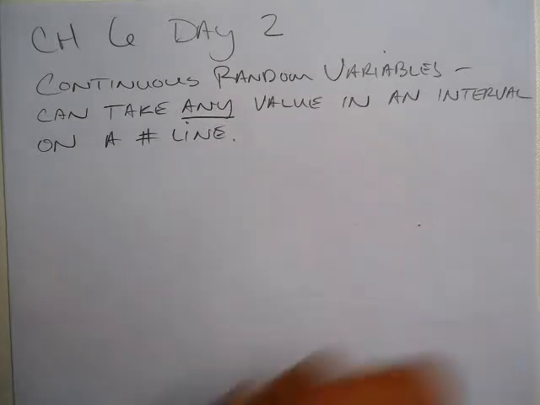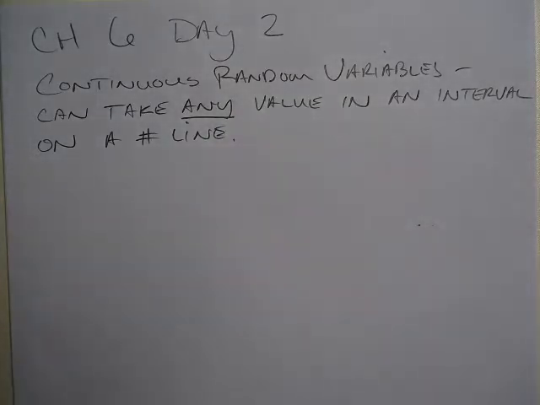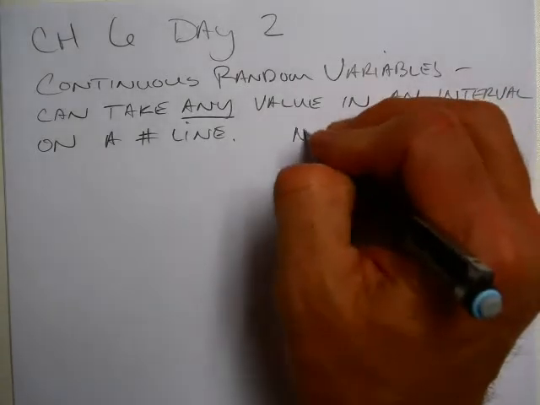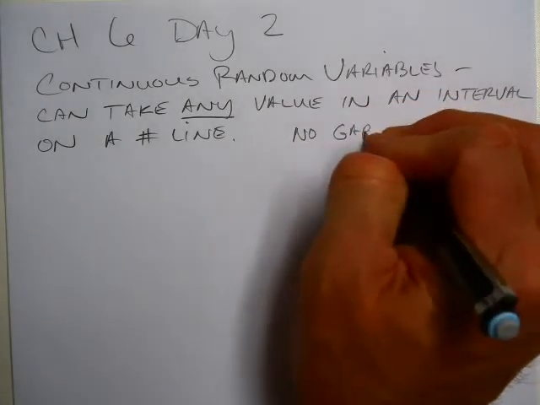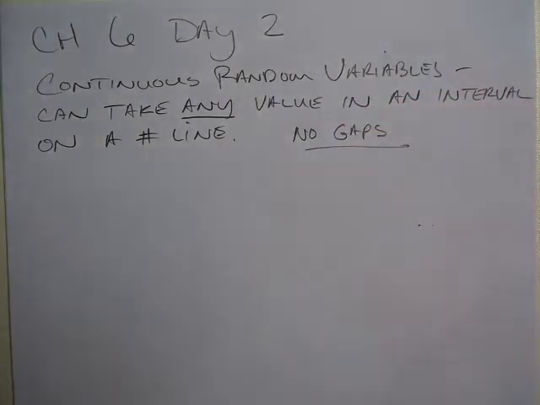Now in stats we don't really deal with infinity much, so the interval is usually limited in some way. So there are no gaps. All the fractions in between values are fair game. That's it for notes. Told you it was short.